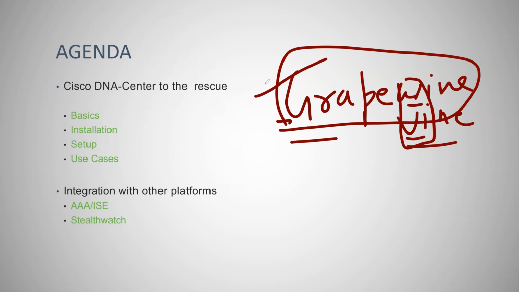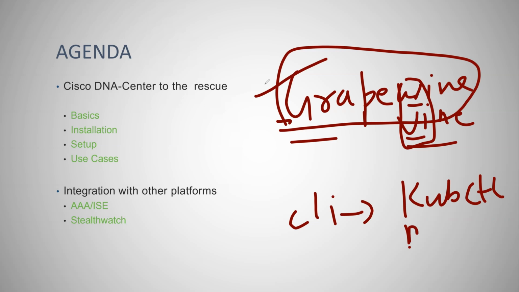If you know Kubernetes and containers, you know at least 80% of the CLI commands in the DNA. In Kubernetes we have kubectl; here, Maglev is the operating system for the containers, and you have magctl. But whether it's kubectl or magctl, the commands are almost the same.